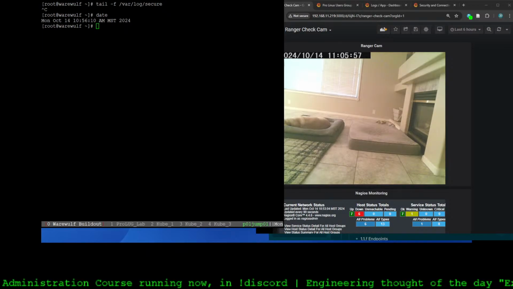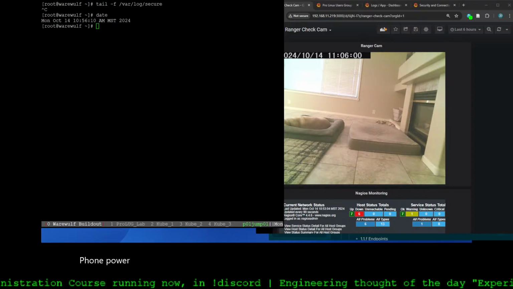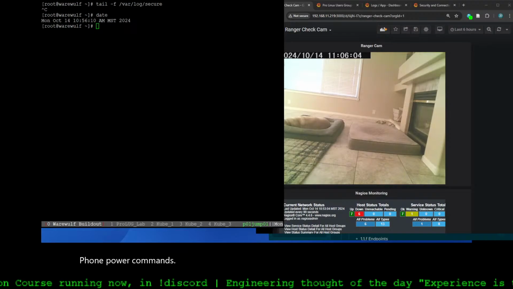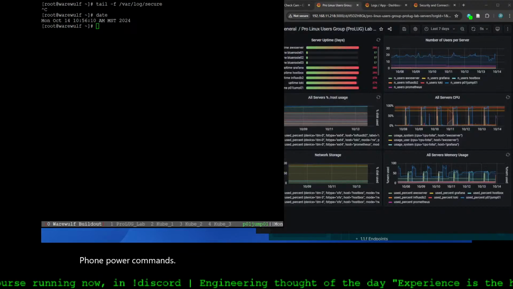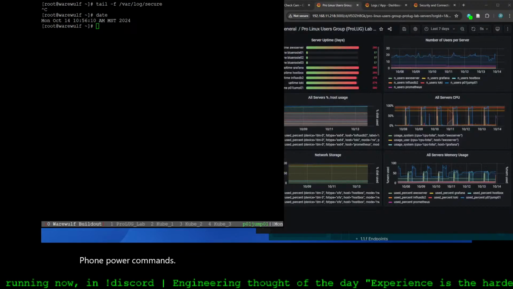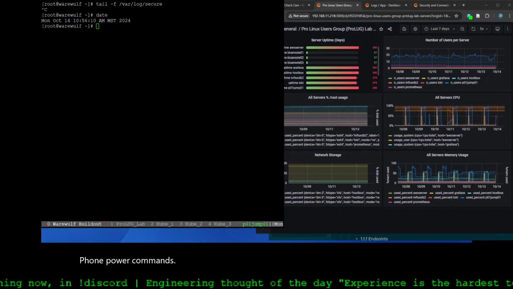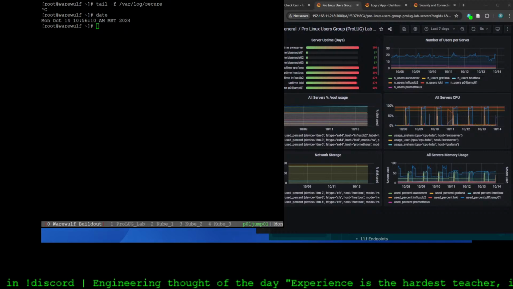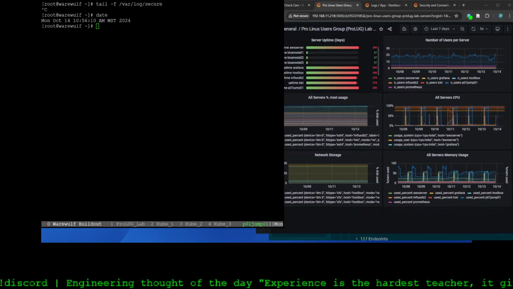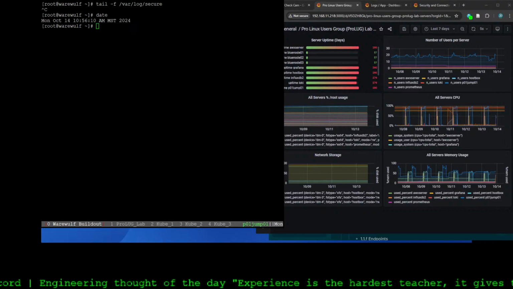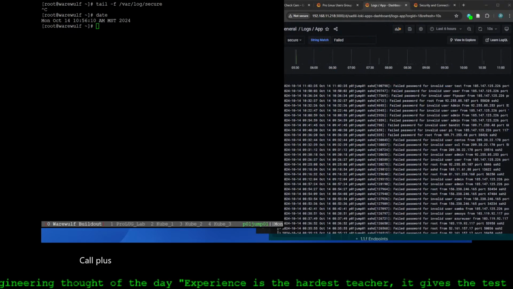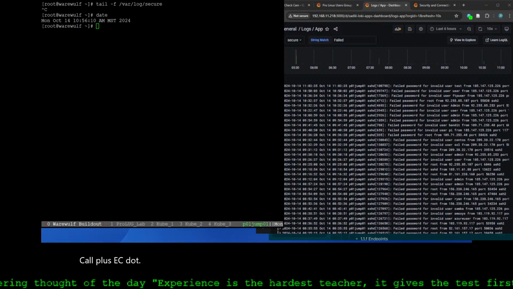Node power commands. Control plus EC dot to disconnect. All right.